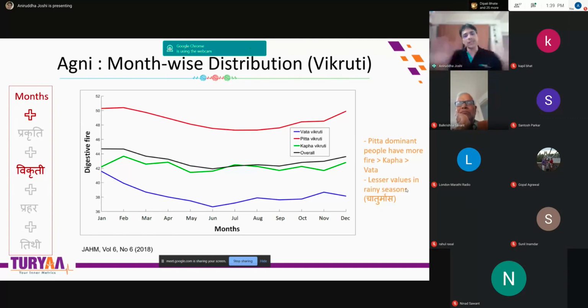So whatever Vikrutis we find out, based on Nadi Vikrutis, if the collection of people in January who show Vikruti Vata, their Agni parameter and their average is plotted as a blue point at January, then similarly for February, similarly March point, and so on.